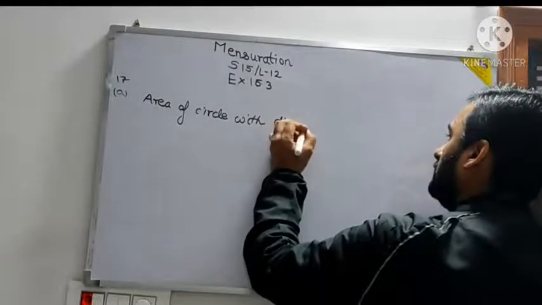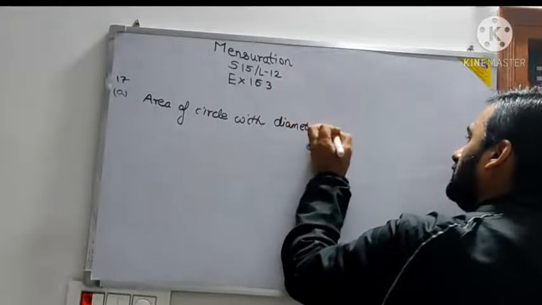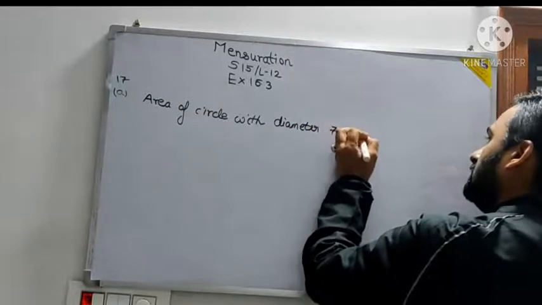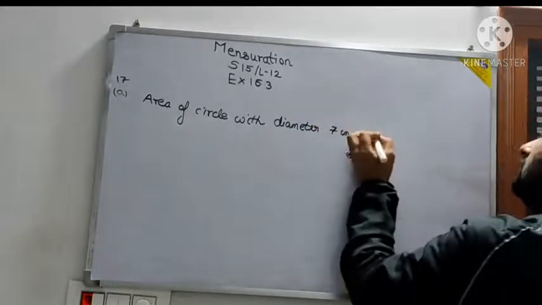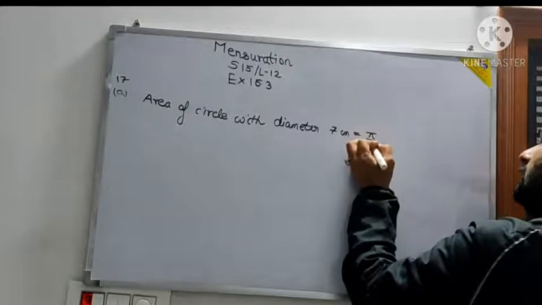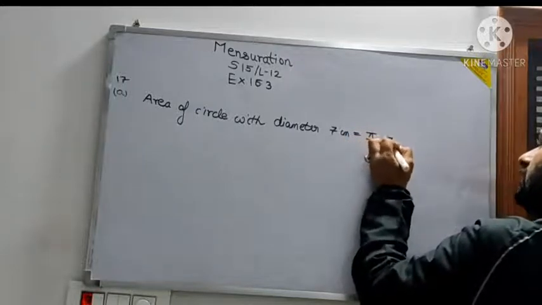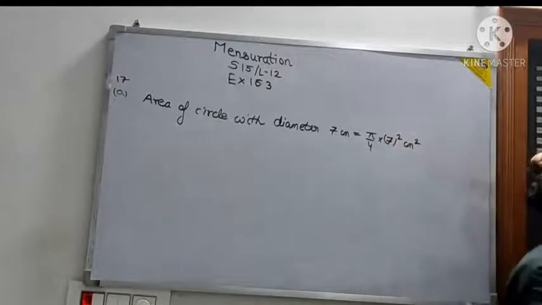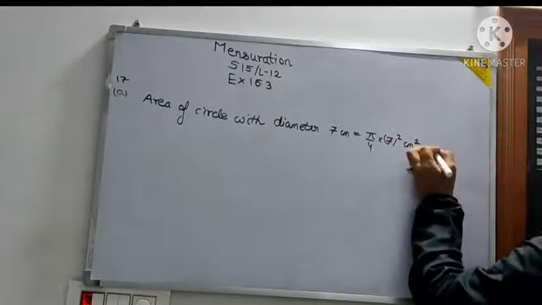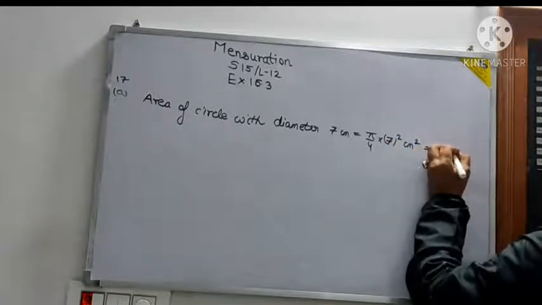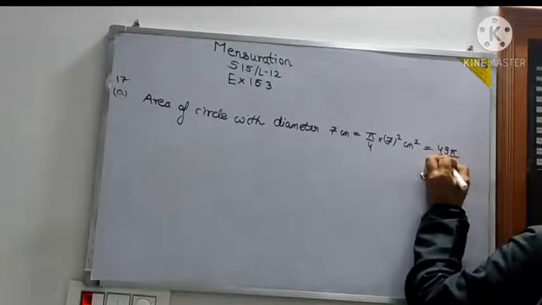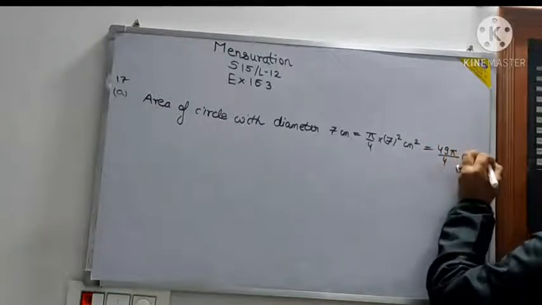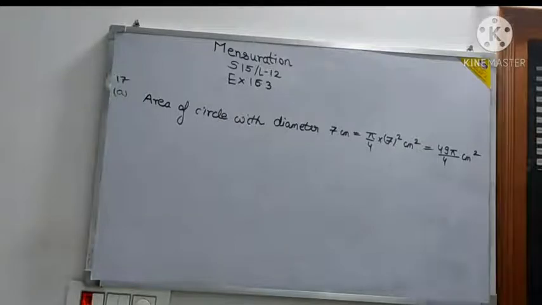It will be pi by 4 into d square, that means 7 square centimeter square. So it is 49 pi by 4 centimeter square. Once we have calculated the area of the circle of diameter 7 centimeter, now let us see what it is saying.